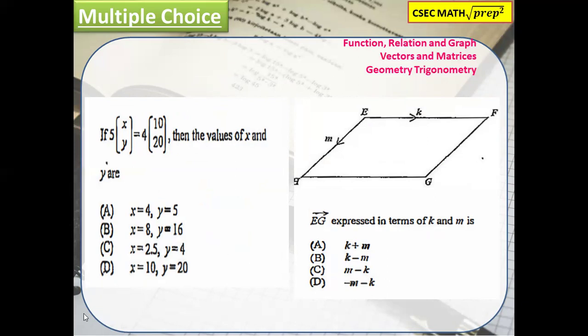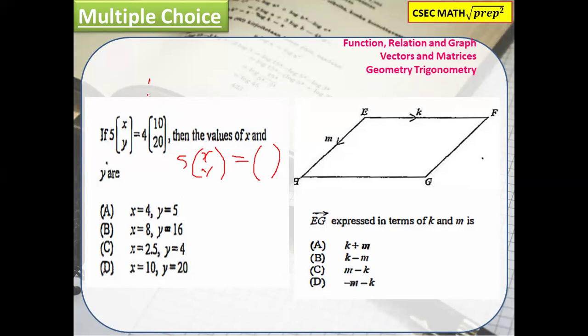And what we have now, we're almost through with the video. What we're having here now is 5 multiplied by x, y. It's the same as 4 multiplied by 10, 20. Now 5 times x and y will give us this matrix over here.